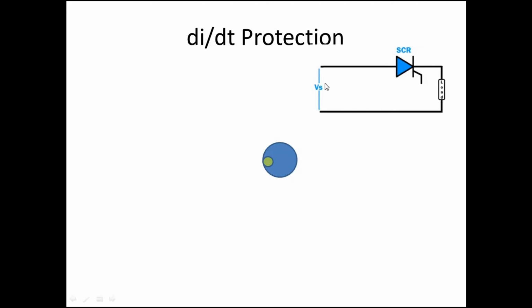So suddenly applying the voltage creates a high current demand through this device. Since the load is very small and resistive in nature, there will be high current to flow through this device, but there is only a small cross-section to flow the current.